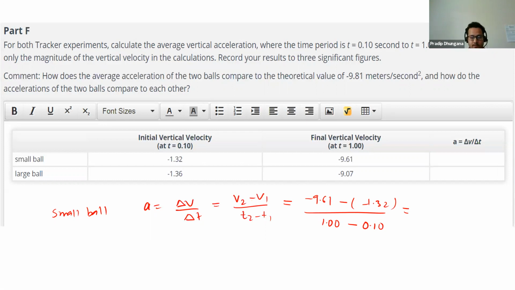Let me calculate that value. So that becomes negative 9.61 plus 1.32, V2 minus V1, over 0.90.